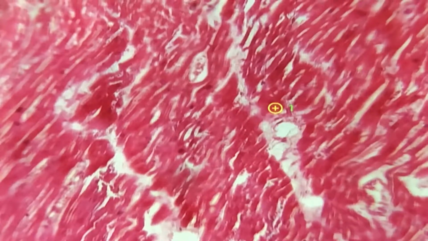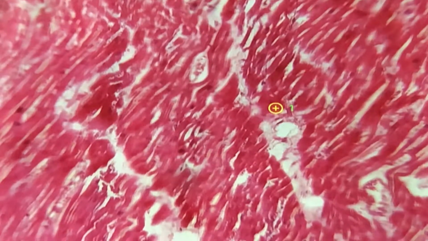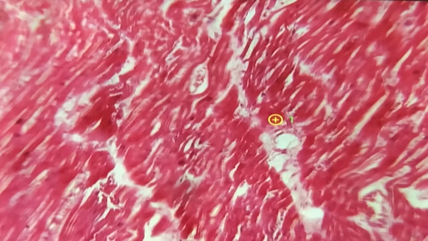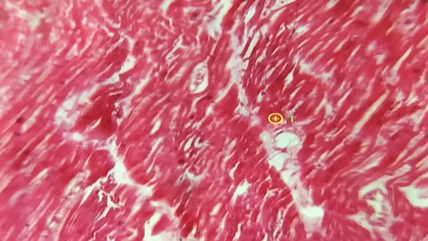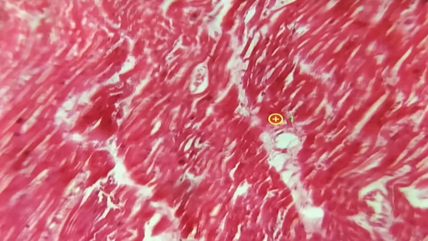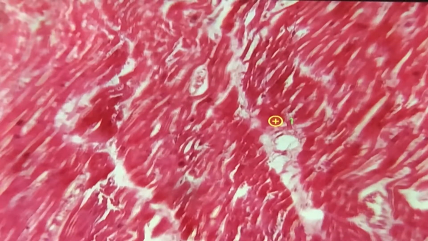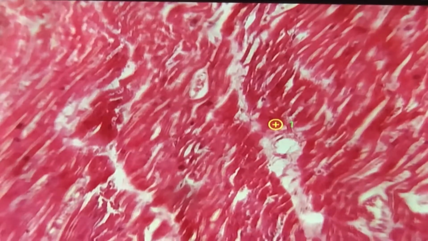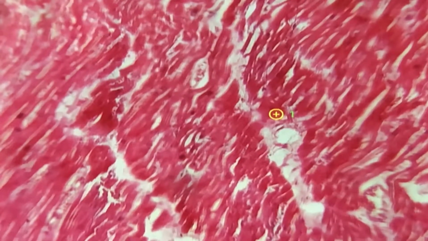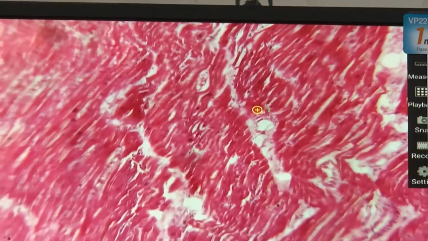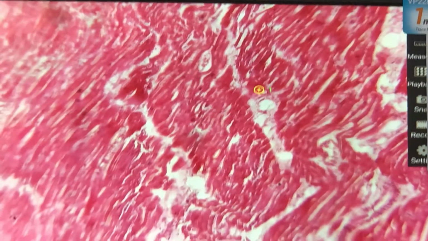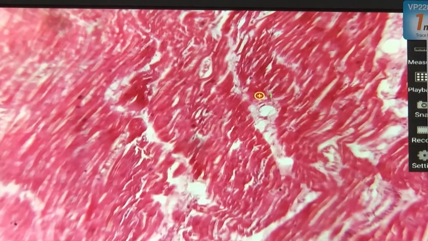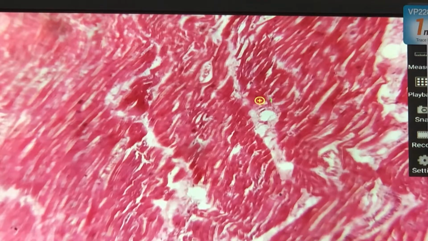Basically, the nucleus in cardiac tissue, you cannot see in low power. It's inconspicuous, a very small nucleus. Unlike this one, it's big enough to be seen in low power. And you see those myocardial fibers, they are haphazardly arranged, and they are enlarged. So I will focus this in a high power objective to let you appreciate how big the nucleus is.